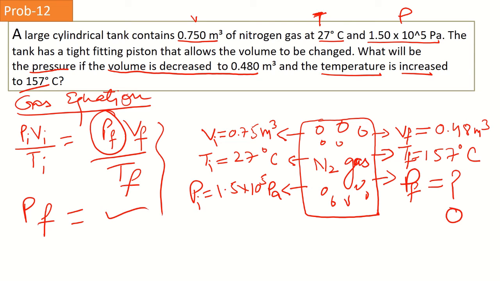Before writing this, you have to write all the parameters in the standard form. This volume is already in meter cube, no problem. But this degree centigrade you have to change, and this degree centigrade you have to change. The Pascal is okay.